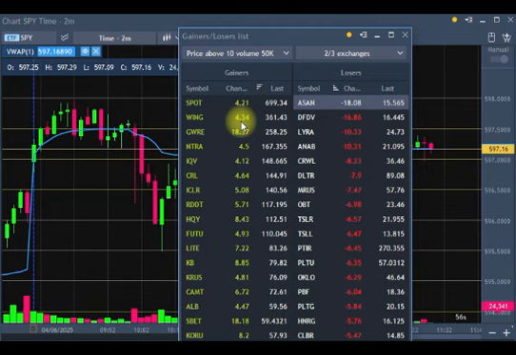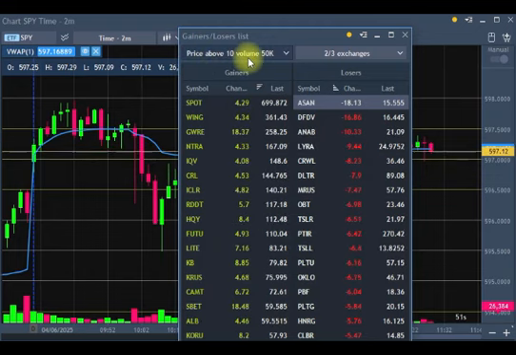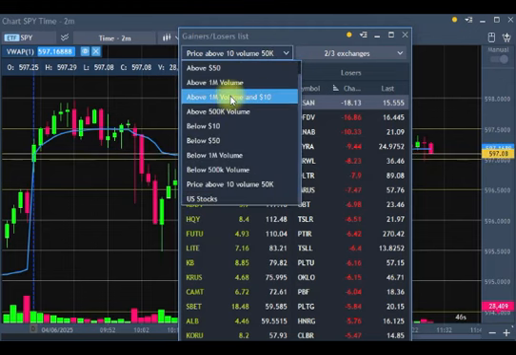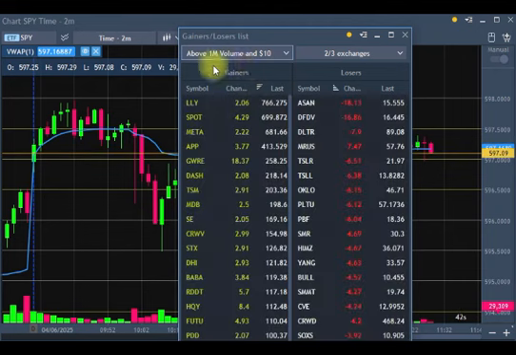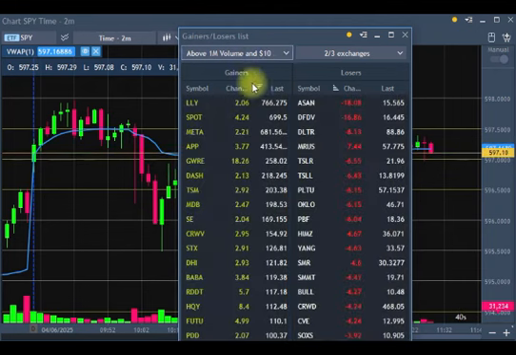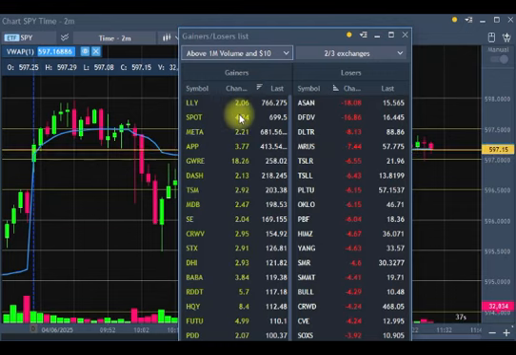So I can either search for $10 and above and volume over 50,000 shares, or I can go to my normal search, which is volume above 1 million shares and price above $10. And here is my list, and as you can see, there are plenty of market movers.